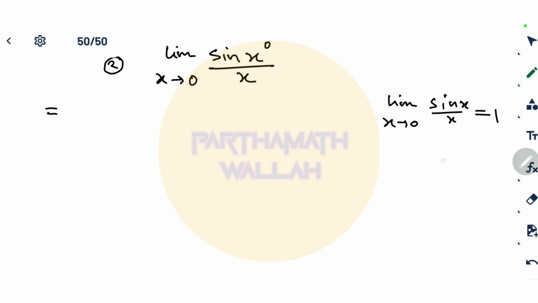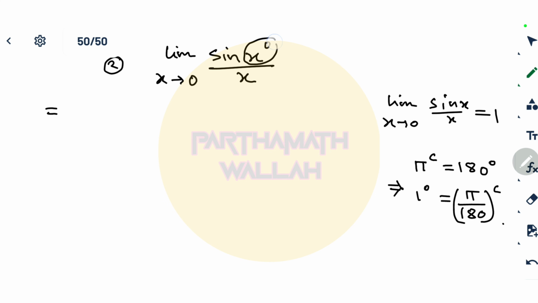But here the angle is in degrees, so we use the radian concept: pi radian is equal to 180 degree, so 1 degree will be equal to pi by 180 radian. This information will be very useful here. Now we will convert this x degree into radian first and then approach the solution.